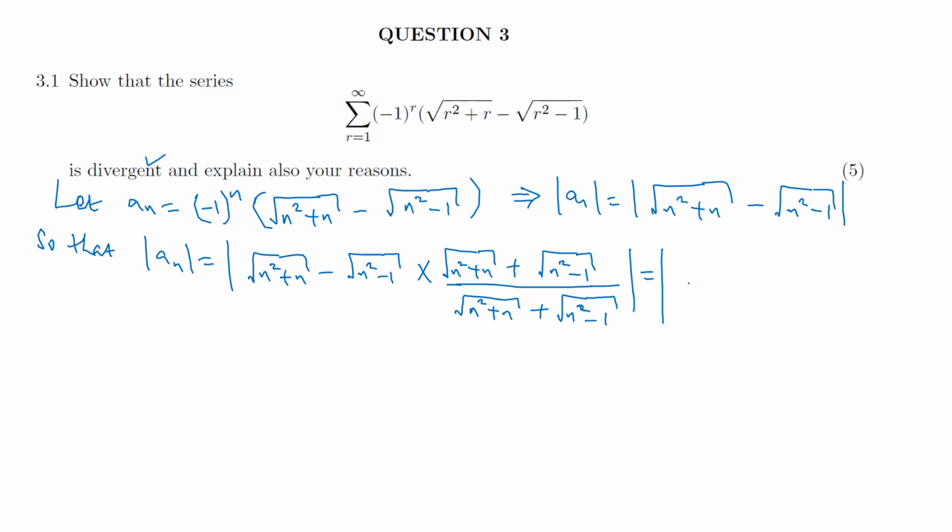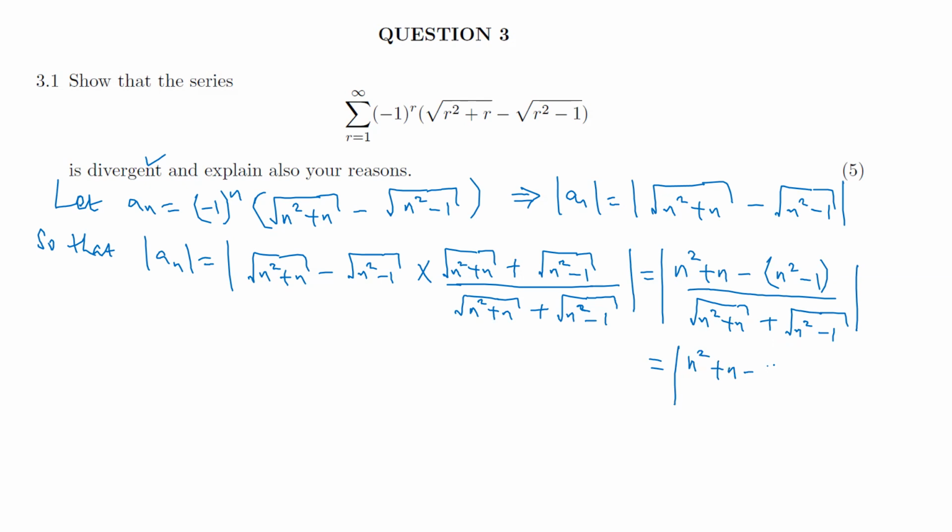When we multiply this out, we get n squared plus n minus n squared plus 1.